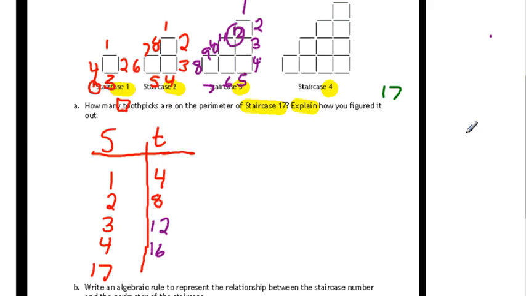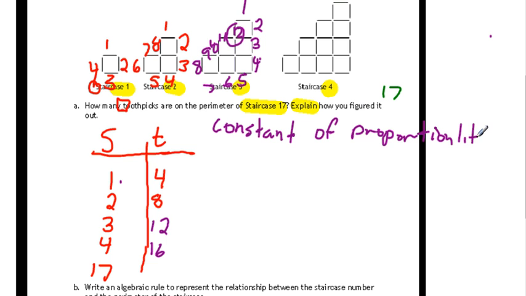Or you can also say it's being multiplied by 4, because 1 times 4 gets me 4, 2 times 4 gets me 8, 3 times 4 gets me 12, and 4 times 4 gets me 16. So our constant of proportionality equals times 4.